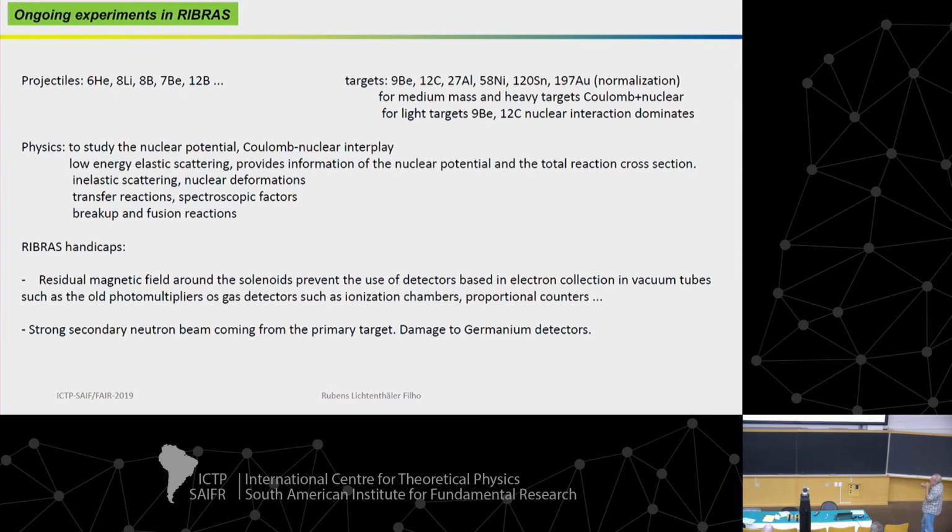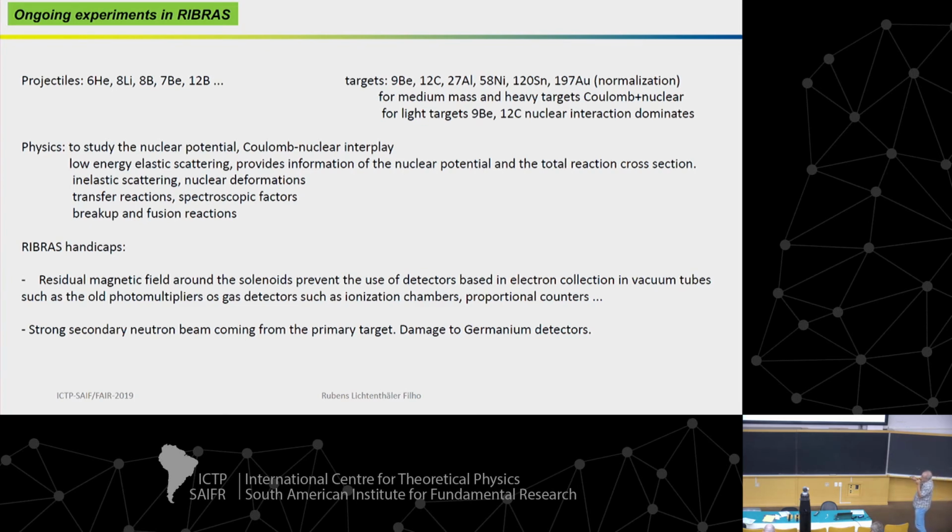So I'll go back to a problem of instrumentation. RIBRAS has some problems. One of the problems is the residual magnetic field around the solenoids, which prevents the use of detectors based on electron collection, such as vacuum tubes like the old photomultiplier, or gas detectors such as ionization chambers and proportional counters.